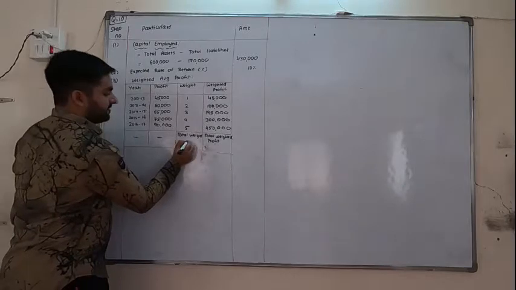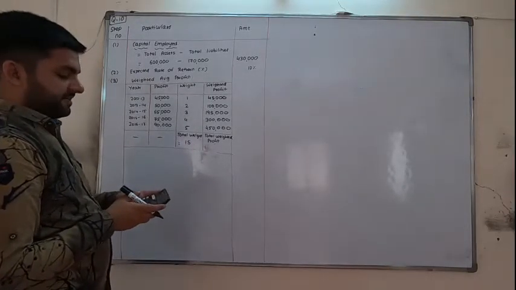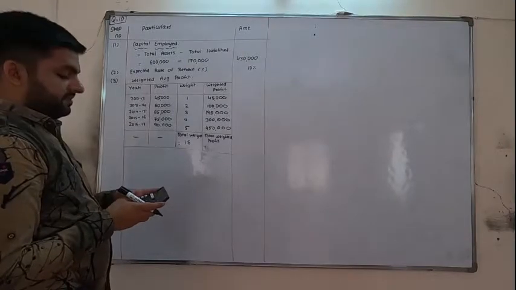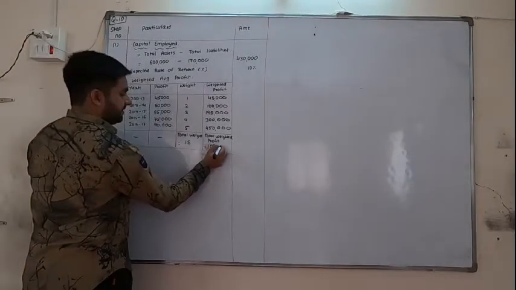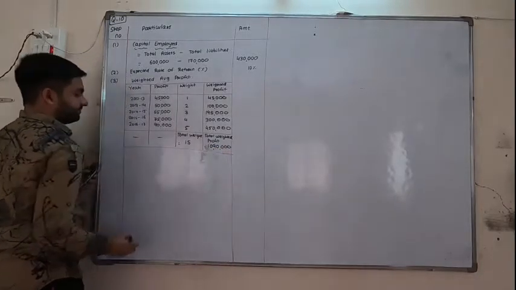Total of weight is 15. The total of 45,000, 1 lakh, 1,95,000, 3 lakhs and 4,50,000 is 10,90,000.